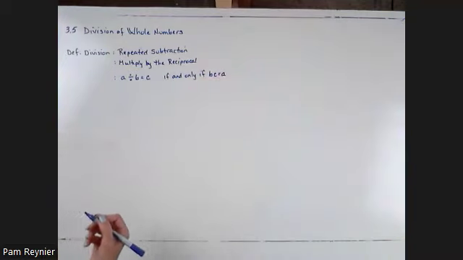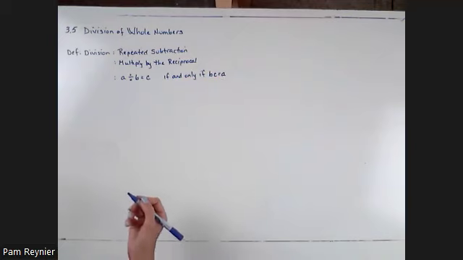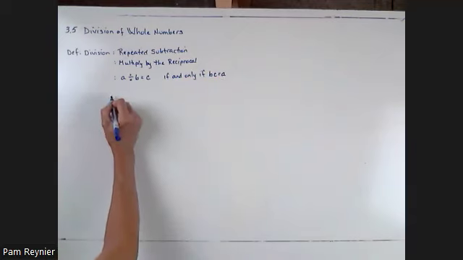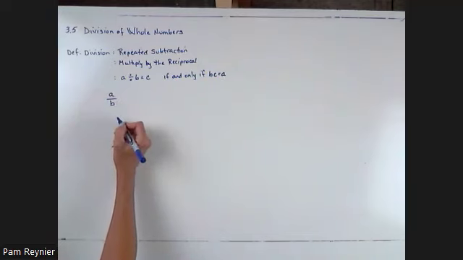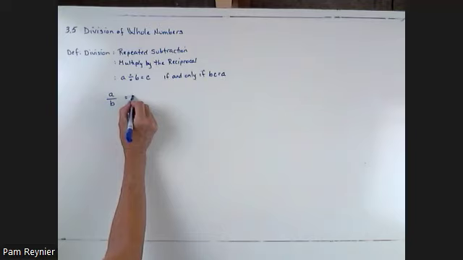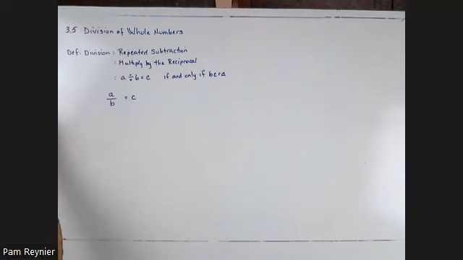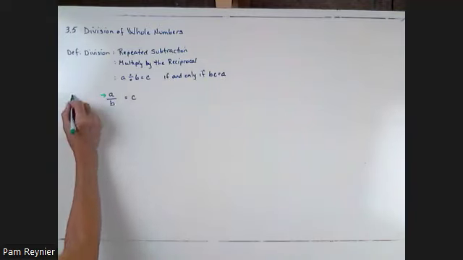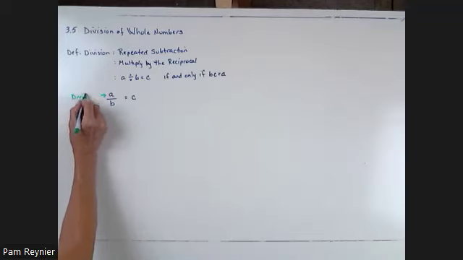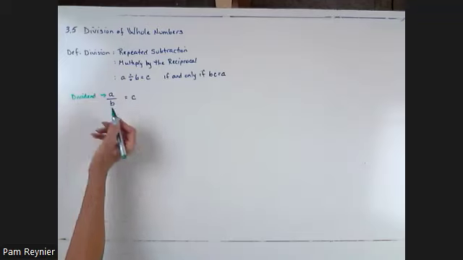So let's take a look at some vocab that is important for the students to understand. If we have A divided by B equals C, this A value is what we call the dividend. So what's being divided?